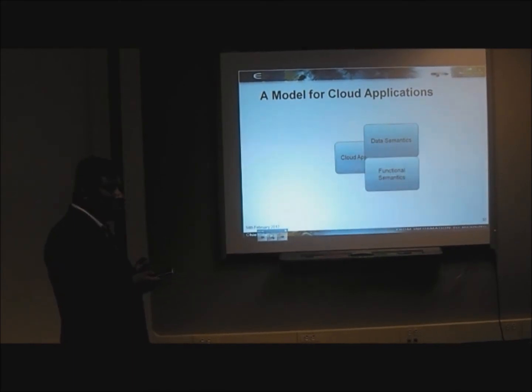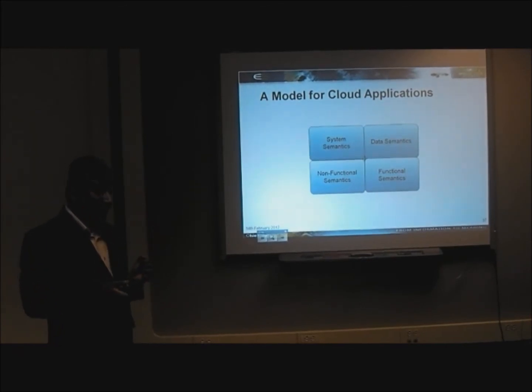Then there are non-functional aspects. I'll explain them with an example, but non-functional aspects are things that you layer on the functionality, but they may not affect the function itself, but maybe other things. And then, very importantly, there are system semantics or system aspects.